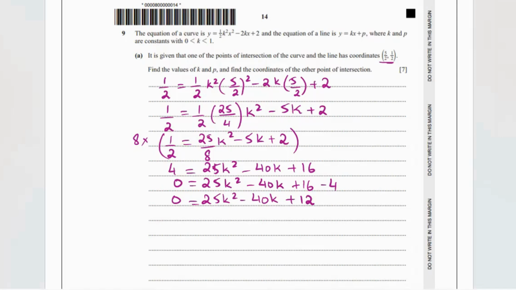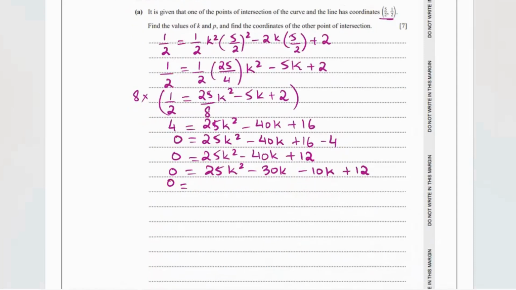We can solve this to find the value of k actually. So 0 equals 25 times 12. That's going to be 300. And a factor pair of 300 that we can use to replace 40 is 30 times 10, because 30 plus 10 is 40. So negative 30k minus 10k plus 12.